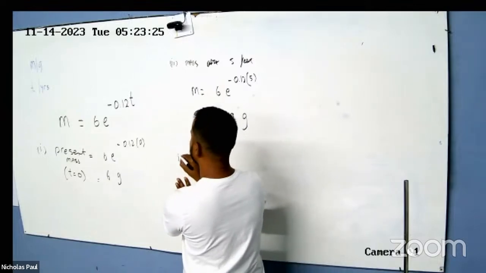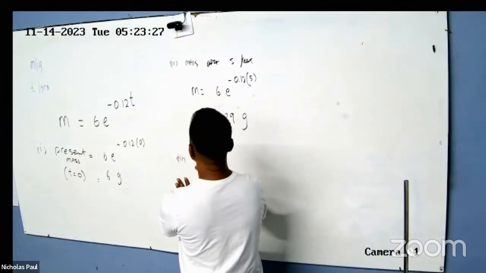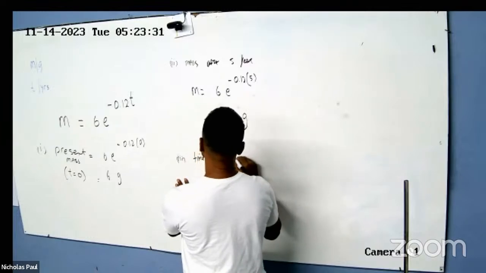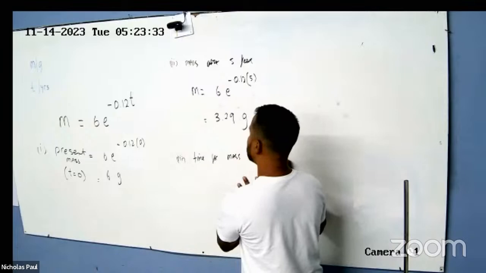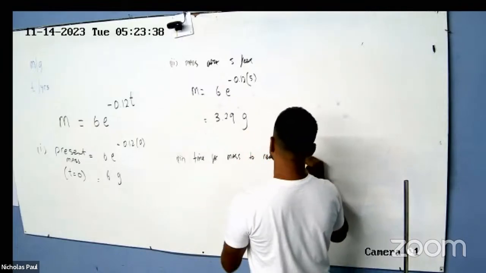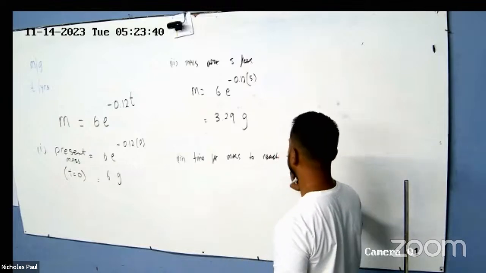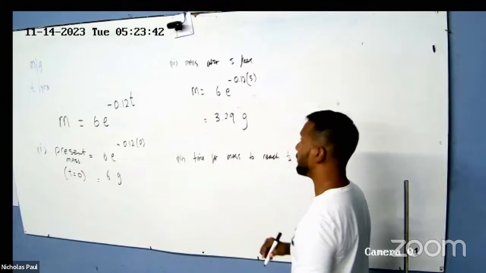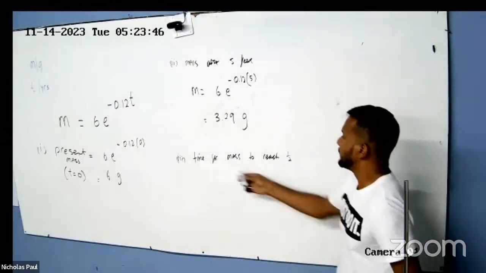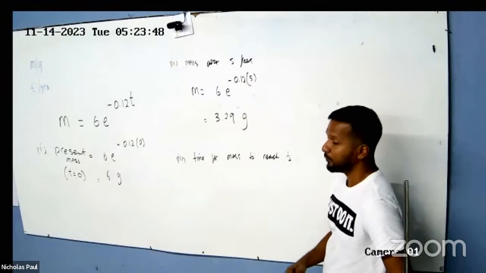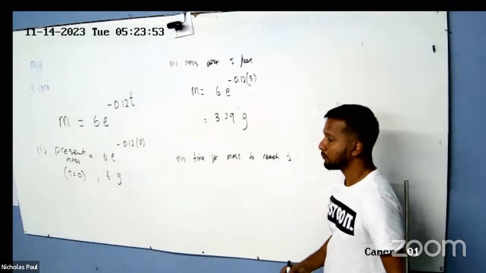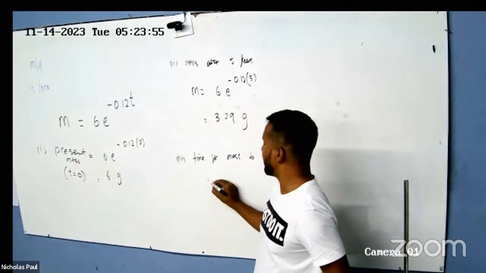How do you do part C, though? The time for the mass to reach half of the original value. What are you going to do?